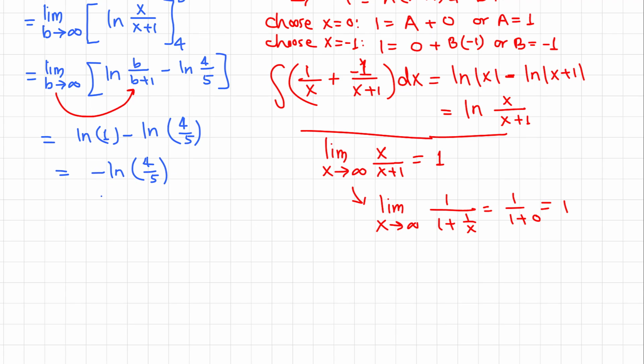If you don't want to write the negative, then optionally you can write the natural log of, if you flip this fraction, 5 over 4. This produces a negative sign, and negative times negative is positive. So the natural log of 5 over 4, or negative natural log of 4 over 5. Or you can think of the negative 1 moving up, and that means reciprocal. Final.